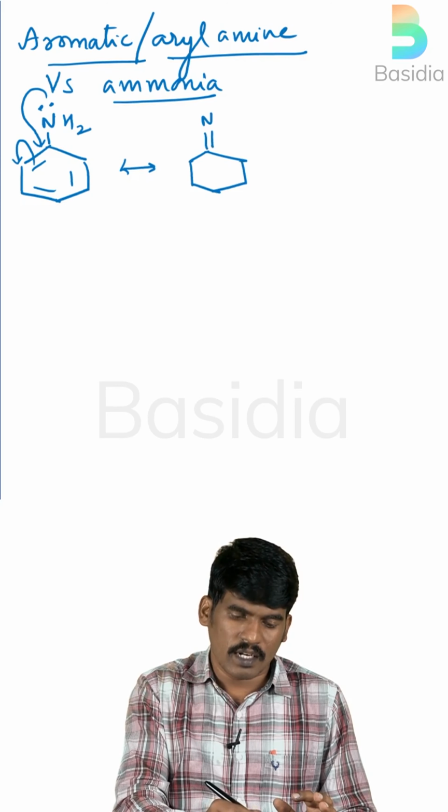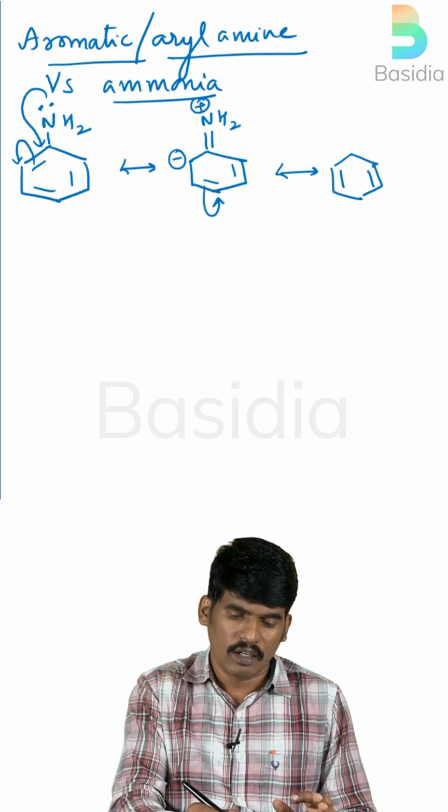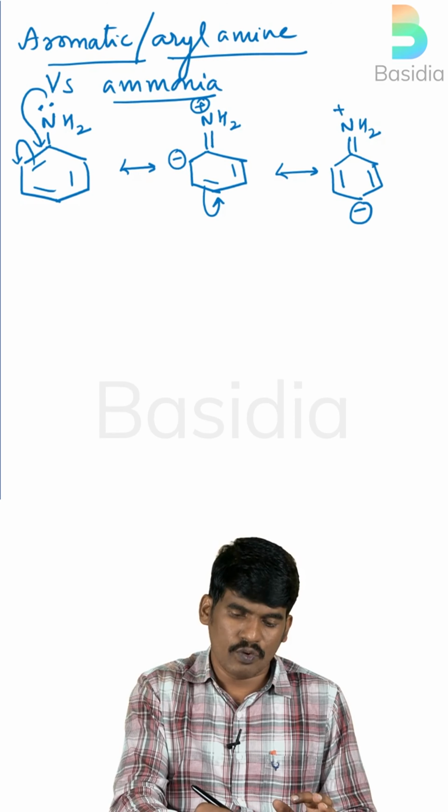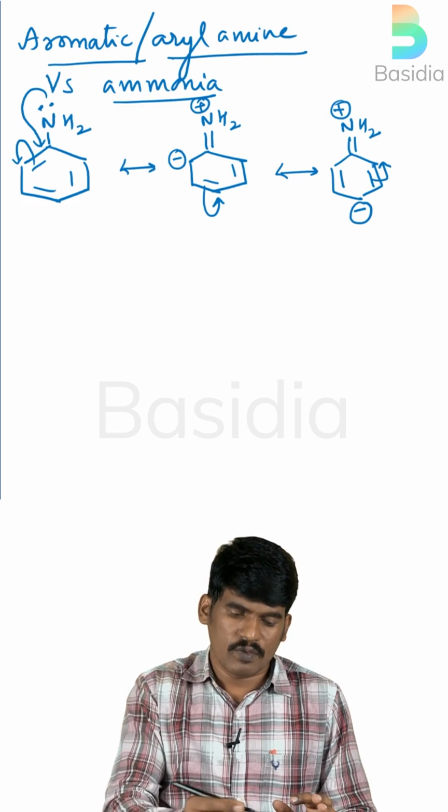This nitrogen develops a positive charge. So here minus, and I can polarize the bond in this way. This minus and plus can form a bond over here. It develops a negative charge, and here NH2 plus. And I can polarize the bond in this way.